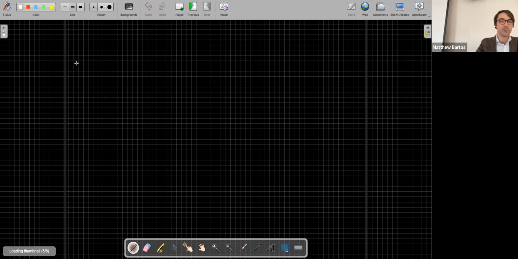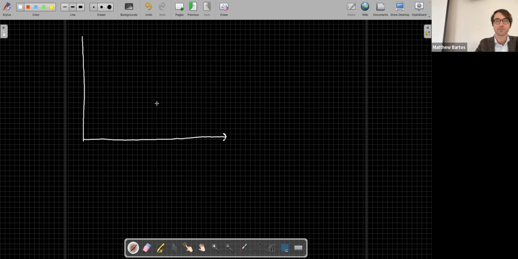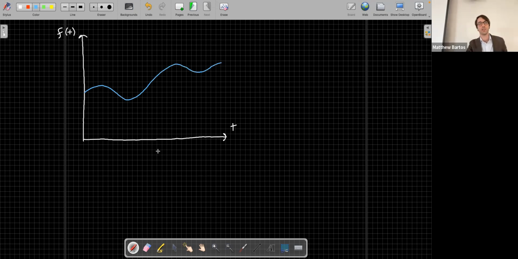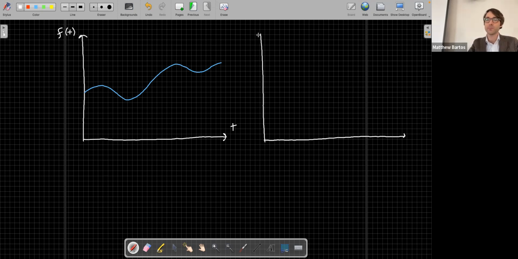Okay, so let's say we have some function f of t. It's a function of time, and it looks something like this. It's just some function, it can be anything. So we can think of this function as being composed of an infinite train of impulses. So let's just draw the envelope of this function here.